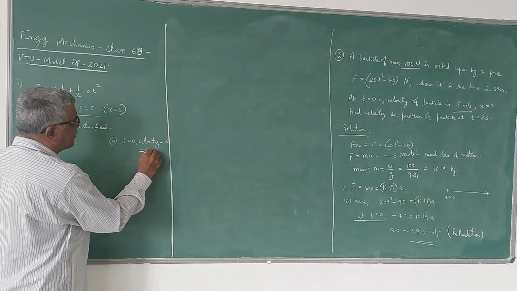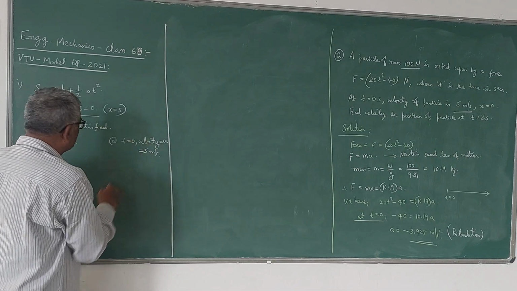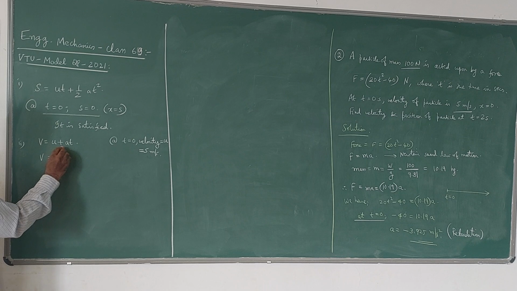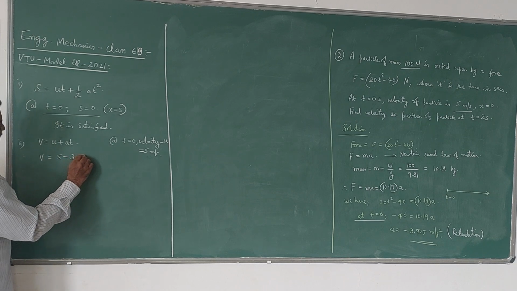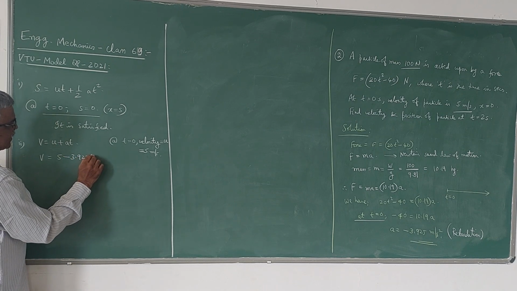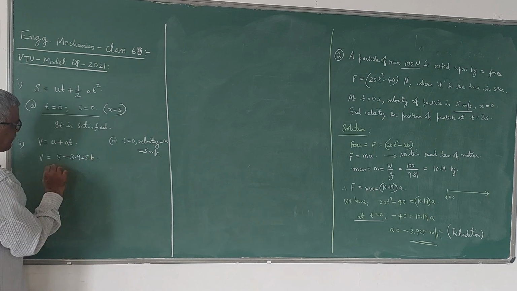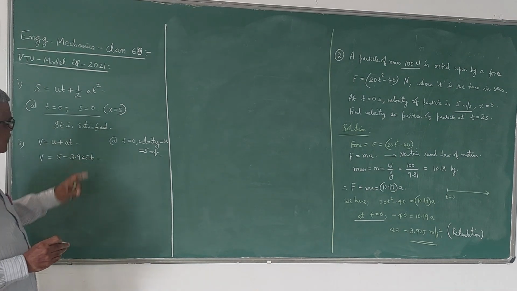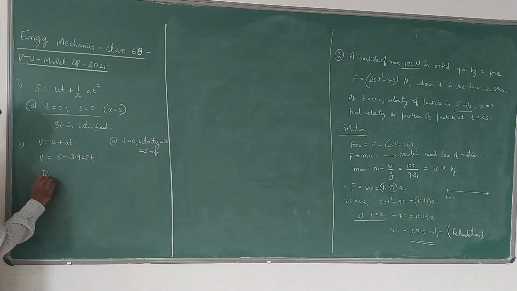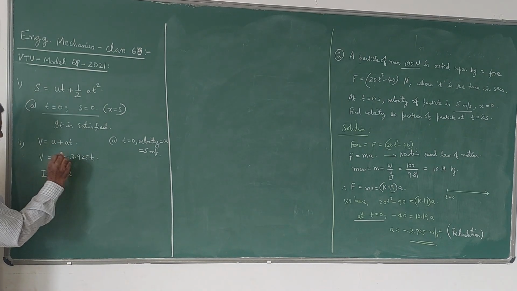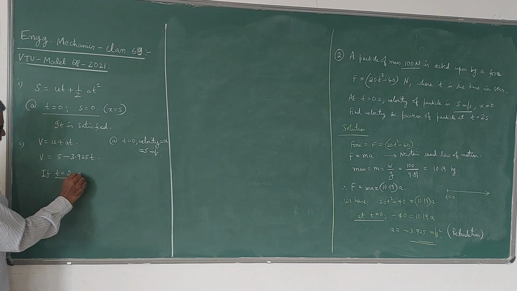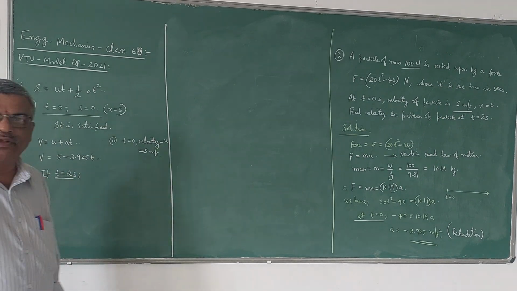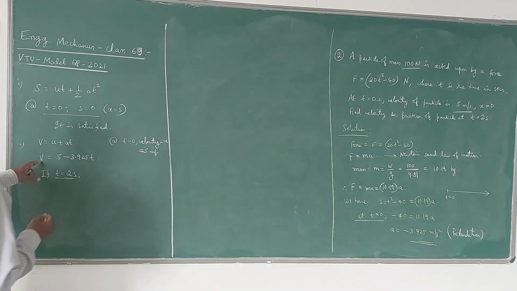So the value of u is known. Knowing u, you can find out v. V is equal to 5, a is minus 3.925, times t. This is the general equation. Now in this equation, if you put t is equal to 2, we can get the velocity when the time is 2 seconds.